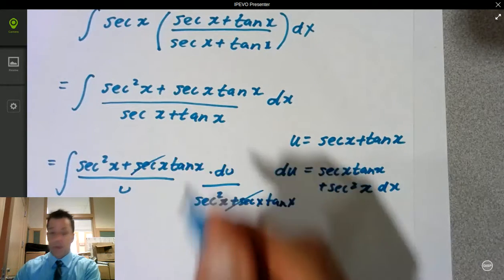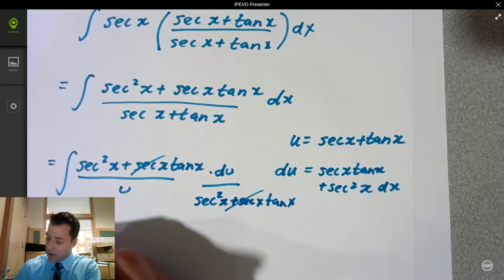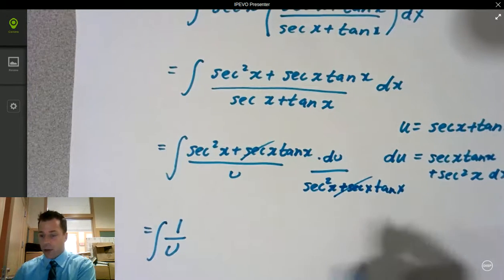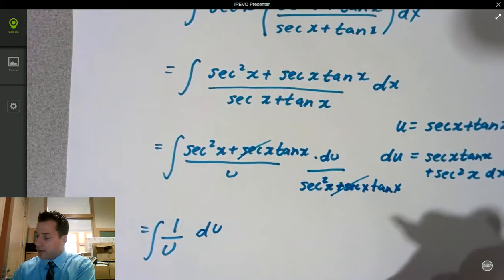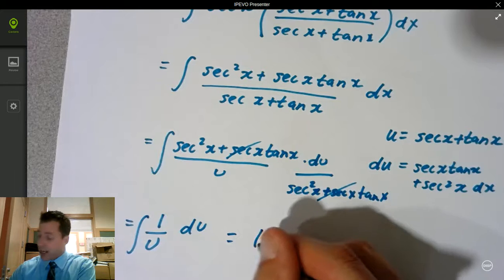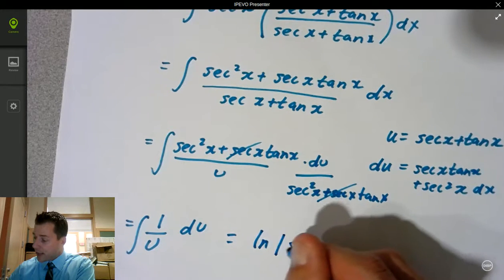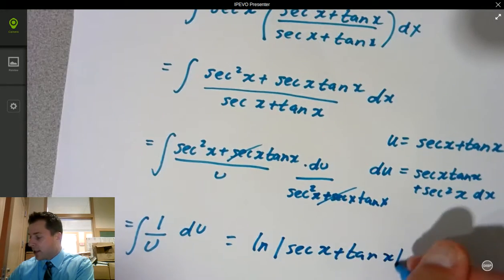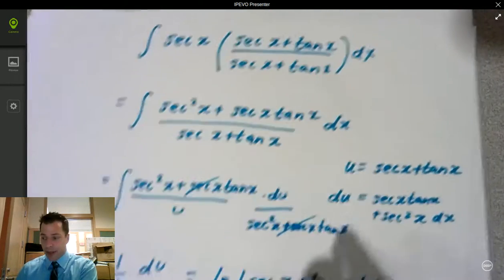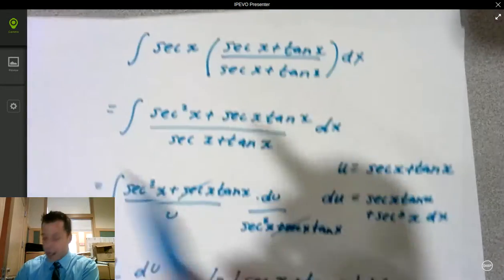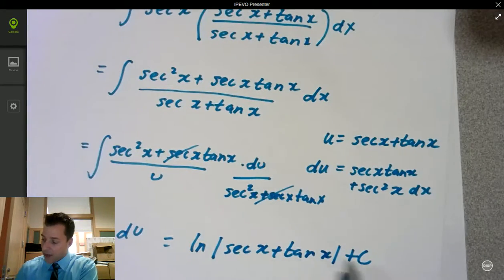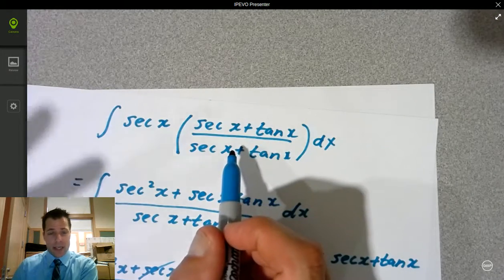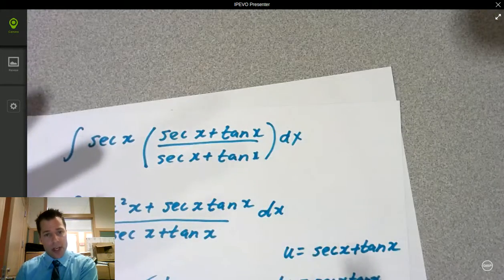This becomes 1, and you get 1 over u du, and we're integrating. So this is equal to the natural log of the absolute value of secant x plus tangent of x plus c. That's a property. The integral of secant x is ln of this. I'm not expecting you to remember that you should just multiply by that. It's not intuitive. I'm just showing you this is another rule.